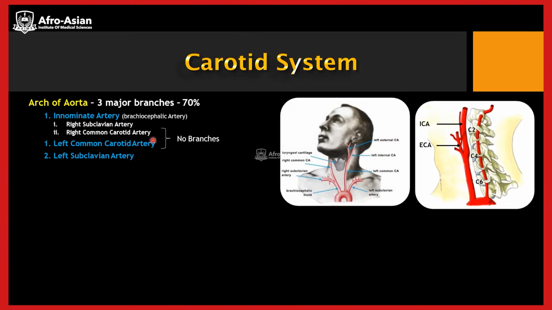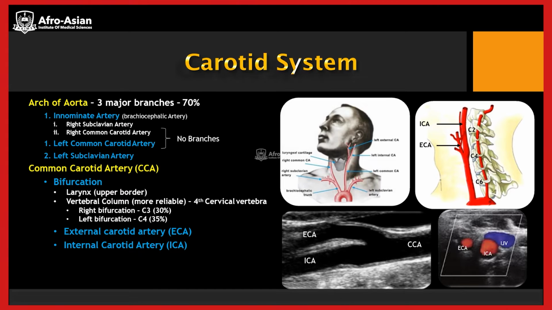The main branches from the common carotid are external and internal. Then there is the subclavian artery.